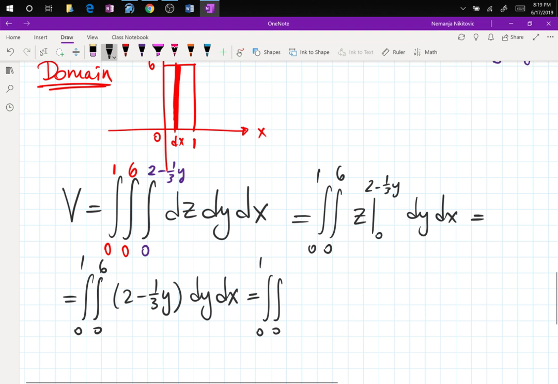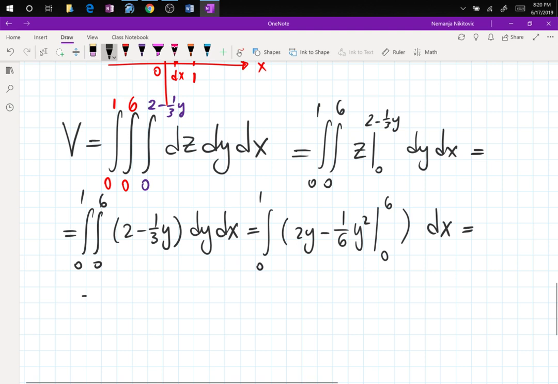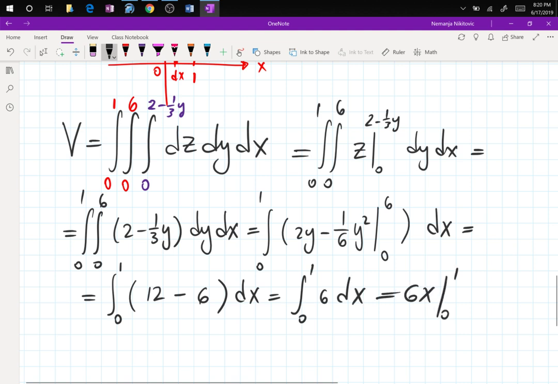So integrating with respect to y, that's 2y minus 1/6 y squared, computed from 0 to 6, dx. We better get 6 at the end. Integral from 0 to 1. And now when I plug in 6, I get 12 minus 6, and I get a 6 over there, dx. It's the integral from 0 to 1 of 6 dx. 6x from 0 to 1 is 6.